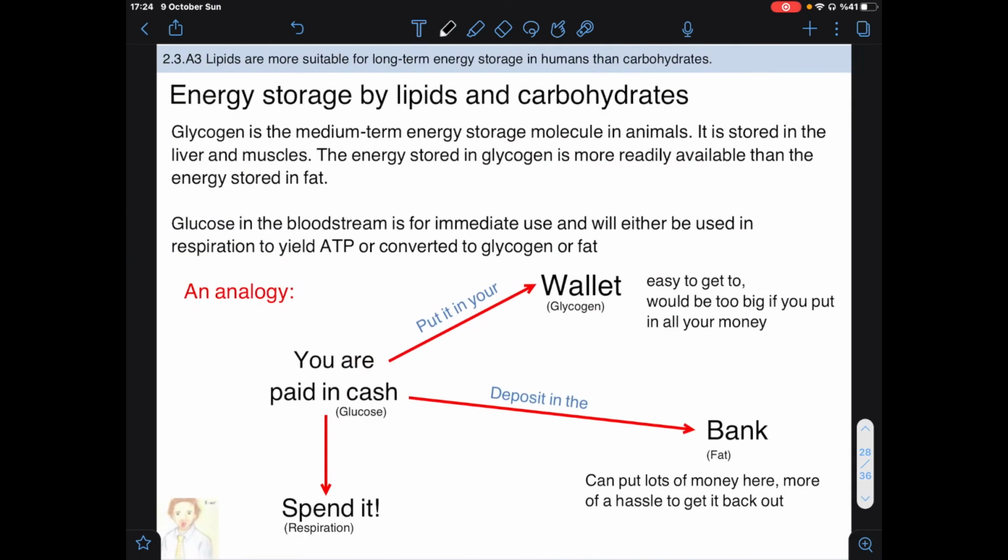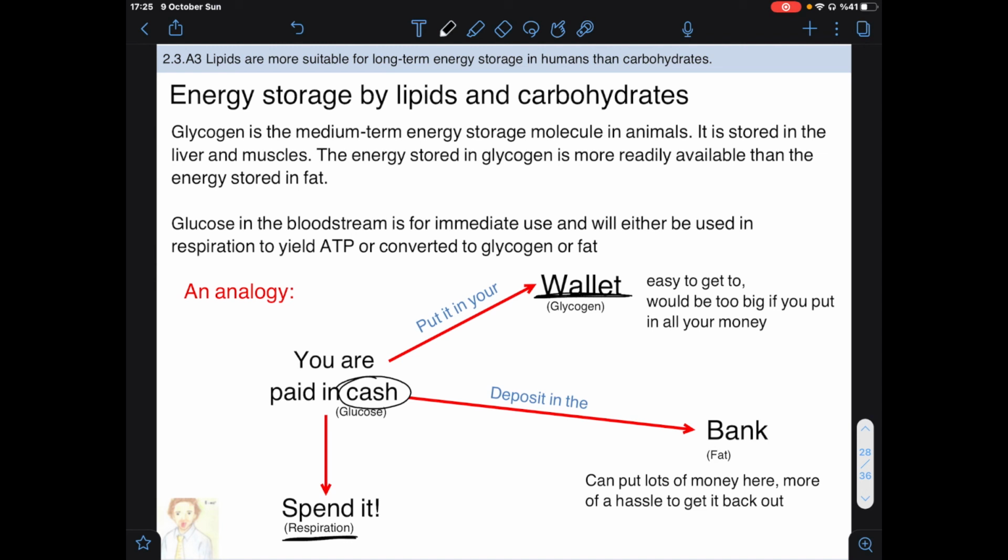So here's an analogy so you can understand. We are paid in cash, which is energy. If we need to use it quickly, when we do respiration, we use glucose immediately. But if we want to just keep it where we can access it quickly, we put it in our wallet, which is easy to get to.